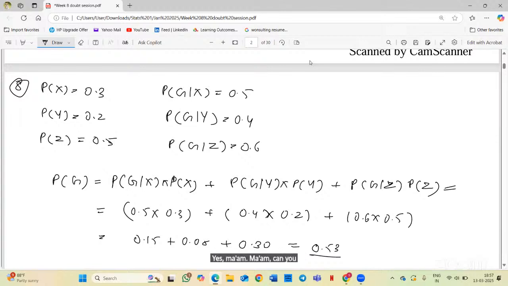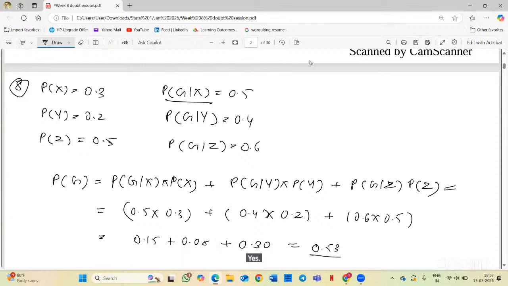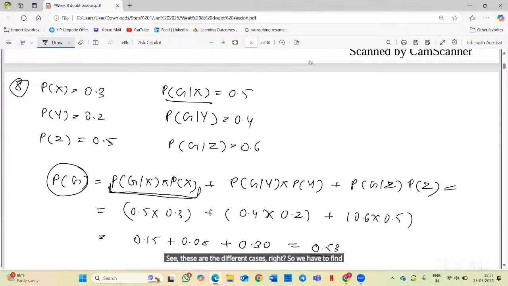Can you tell me that the first one, probability of girl given that x into probability of x, what does it mean? See, these are the different cases, right? We have to find out the probability that the randomly selected participant is a girl. So we can have different situations.